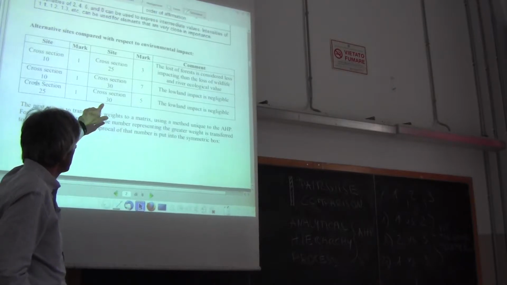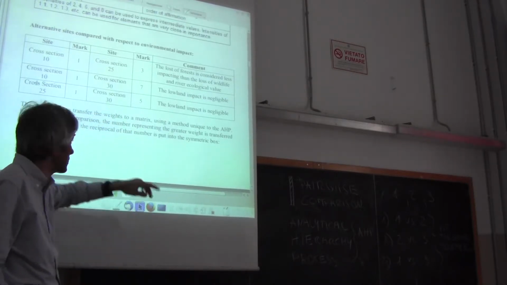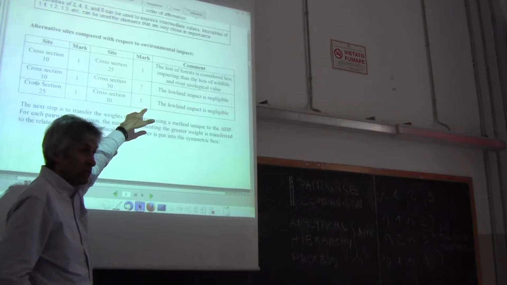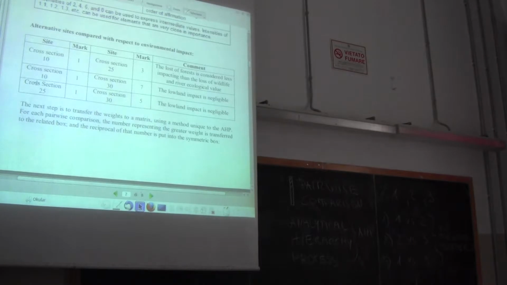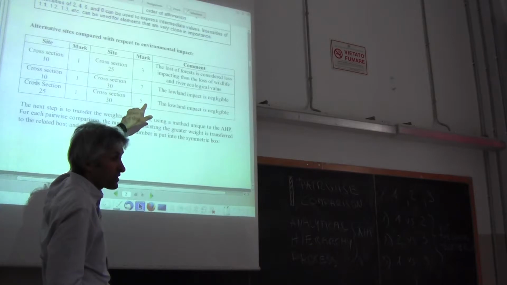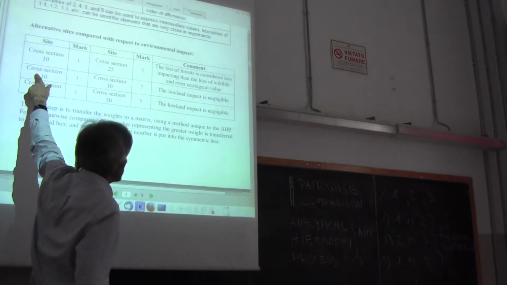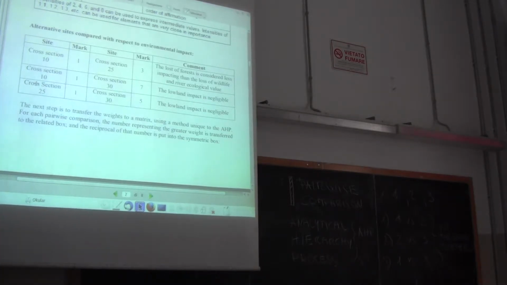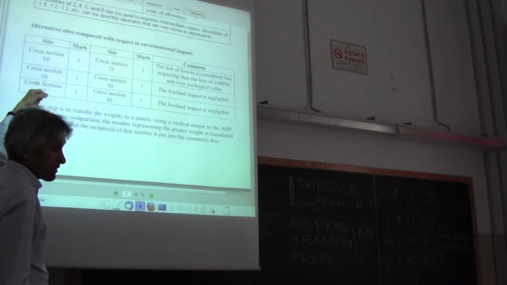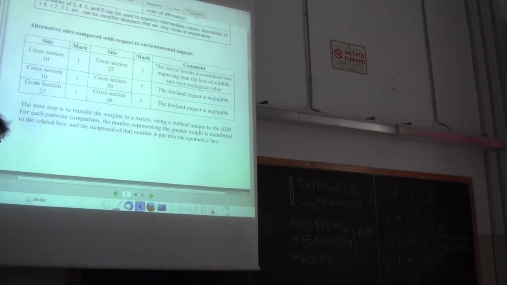Remember that 30 has the lowest impact, so I have to give a strong preference to 30 with respect to 25. So if I compare 30 with 25, I have a strong preference, and a very strong preference with respect to 10, which is consistent. Okay? This is very easy if you make the comparison 2 by 2. But of course, you need to take into account in the subsequent comparisons the outcome of the previous ones.